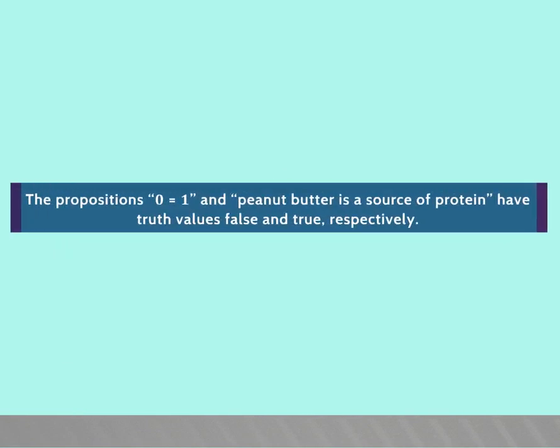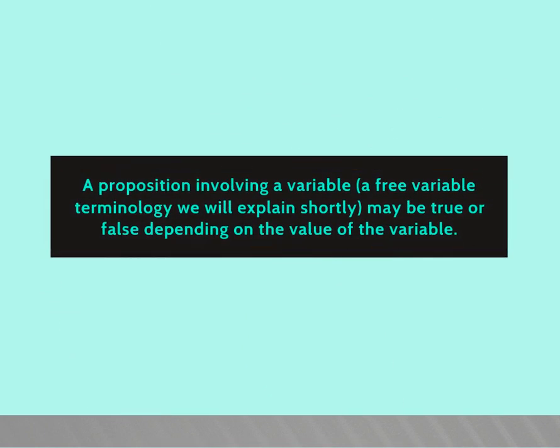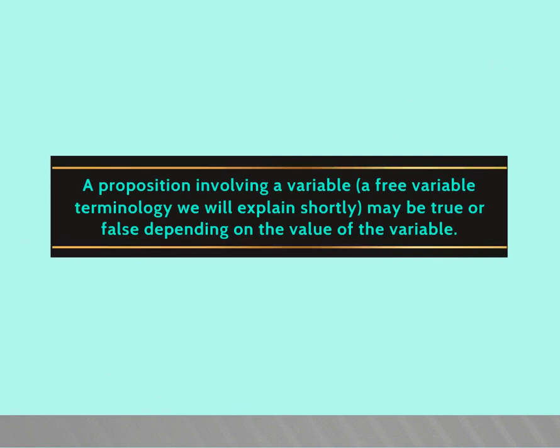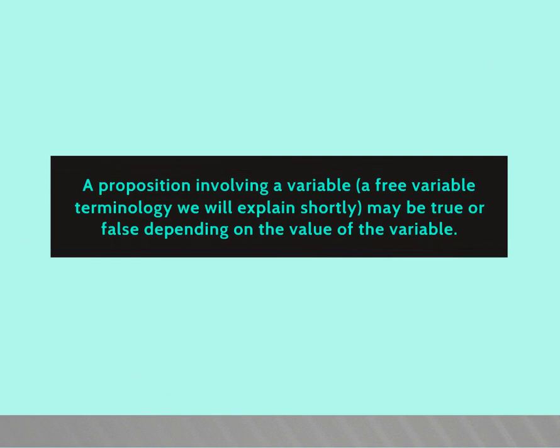The propositions 0 = 1 and "peanut butter is a source of protein" have truth values false and true, respectively. A proposition involving a variable, that is, a free variable, a terminology we will explain shortly, may be true or false depending on the value of the variable.